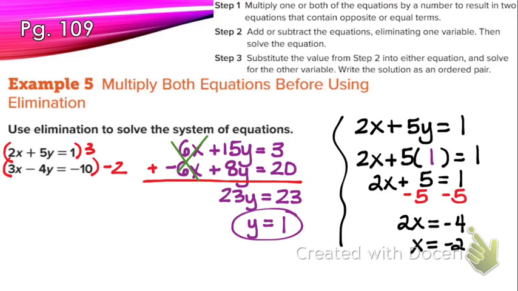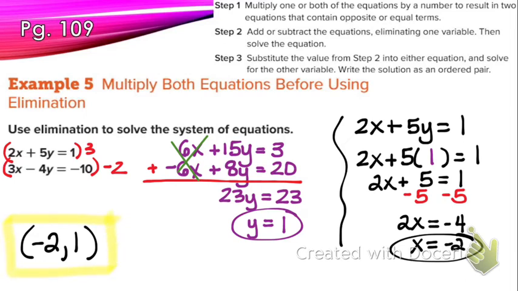Who got x equals -2? All right. So now it says at the bottom, the solution of the system is, what would be your solution? Would it be 1, -2, or is it -2, 1? -2, 1. Good job. All right, our last question for today is example 6.